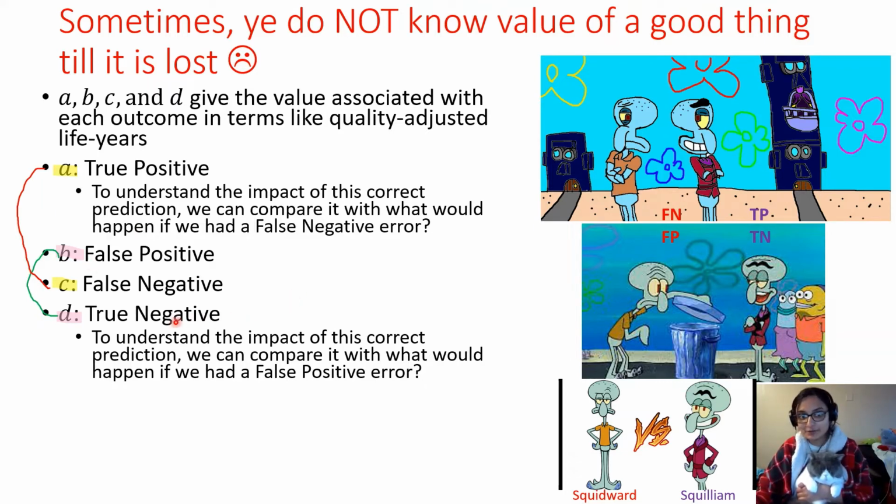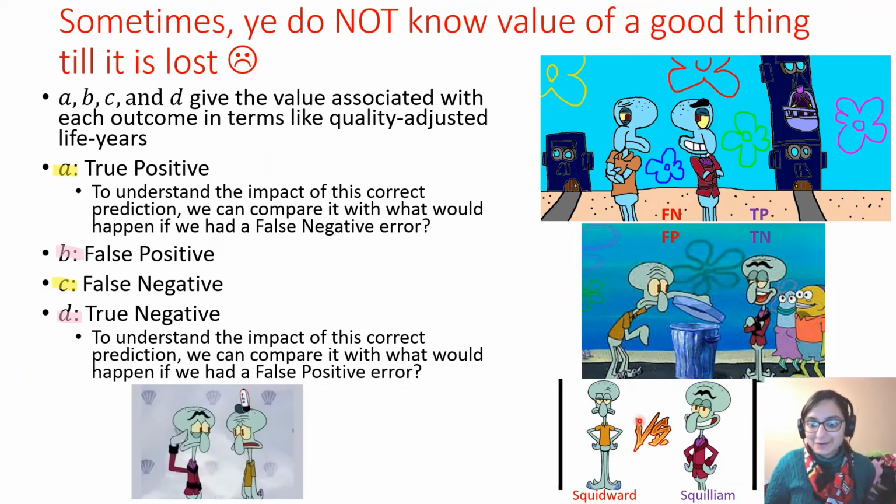If we have a true negative, we can realize the power and why this is great by seeing what would have happened if we had a false positive. So basically comparing true negatives to false positives, and then comparing true positives with false negatives. And that way we get an appreciation. If we're Squilliam, we can see the worst case in our situation, and we can be appreciative for what we have.